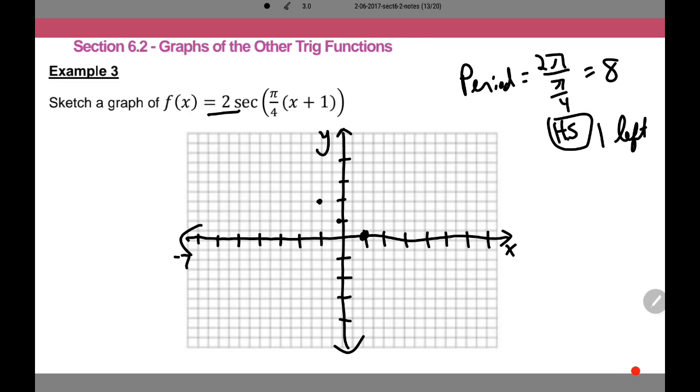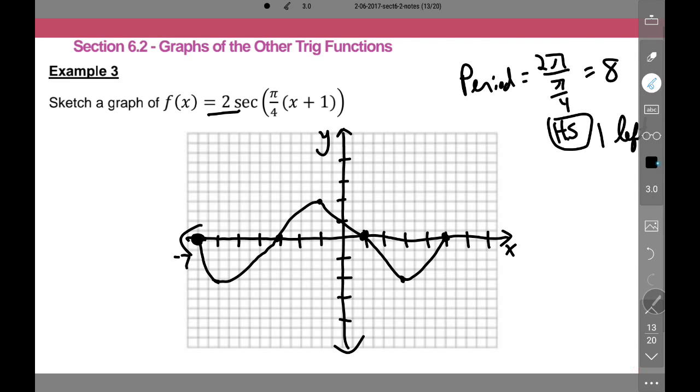1, 2, 3, 4, 5. And I got at 3, I'm down at -2. Alright, so this would be my normal cosine function. So I'm doing this first so that when we see it, I need to see where these zeros are, because when I see where these zeros are, I can do something.